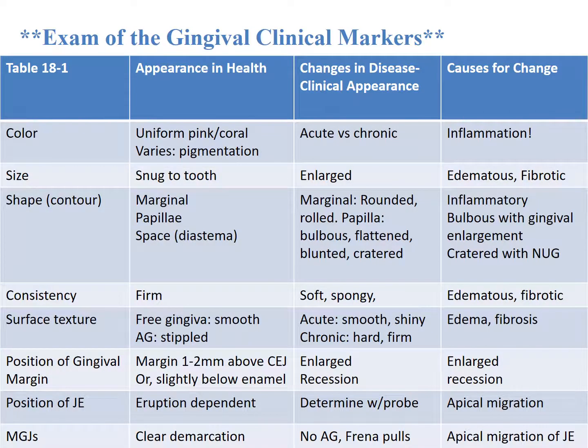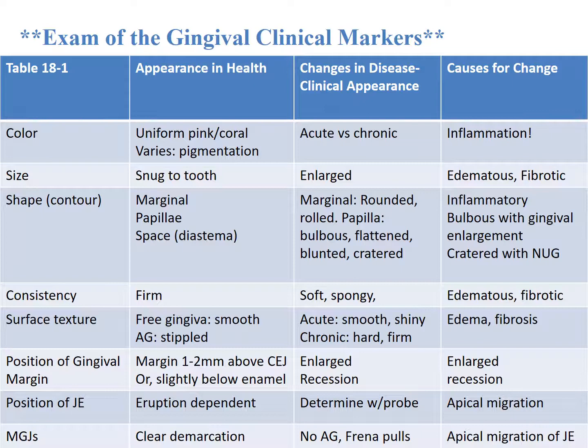All right, now this is beyond important for you guys, okay, because you're going to have to describe here at Herzing and when you get out into practice, you have to be able to describe what their gingiva looks like, okay?